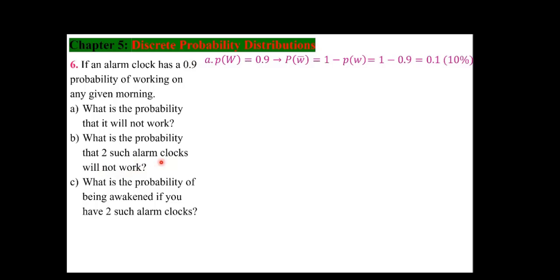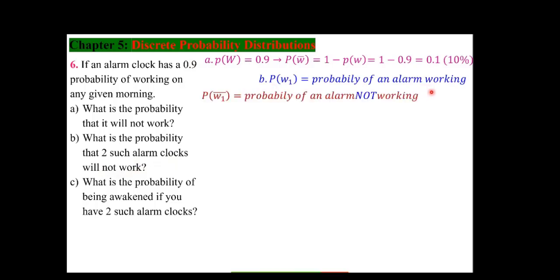Other than that, independence. And so you follow that the probability of W1 not, the first alarm not working, okay? What is the probability that 2 such alarm clocks will not work? It's very simple. They are independent. Each one has a 10% chance, so 0.1 times 0.1.